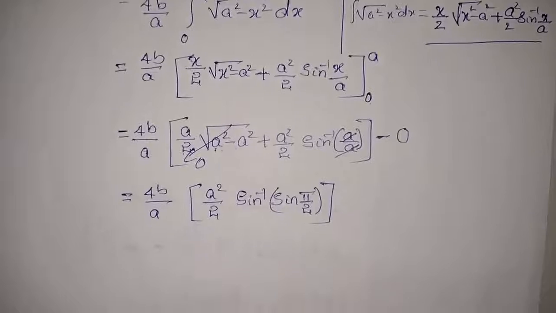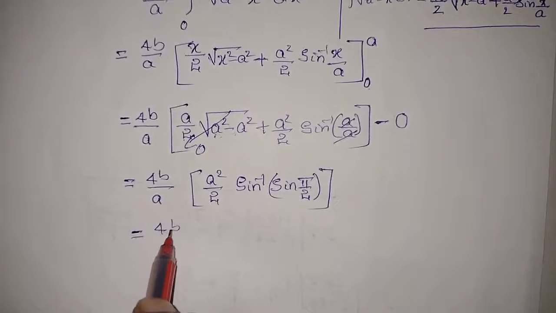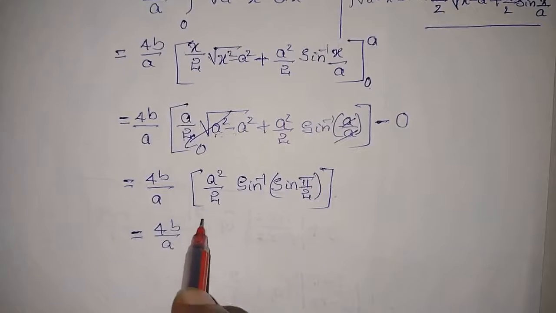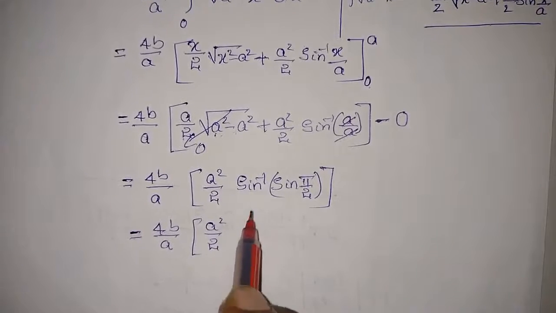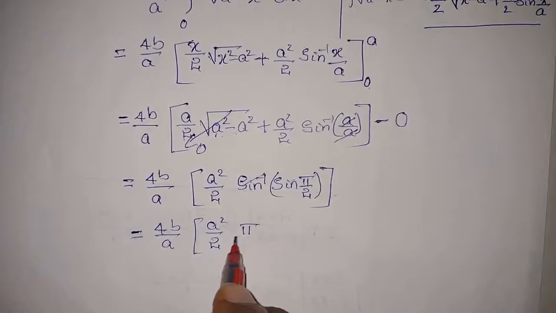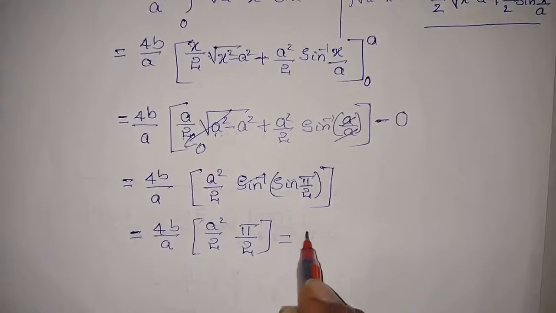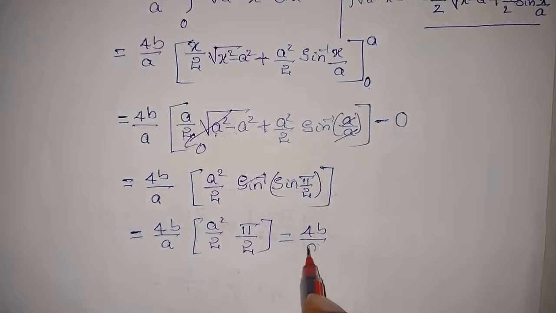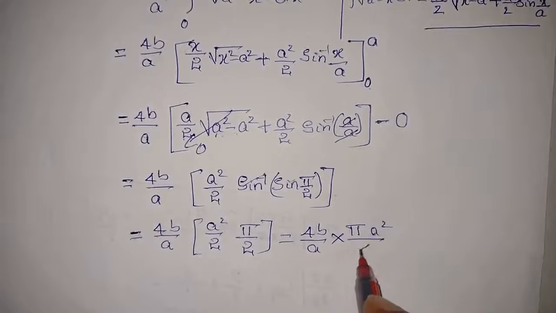Is it right? So it is equal to 4b by a into a square by 2 into pi by 2. Clear? So this is equal to 4b by a into pi a square by 4.